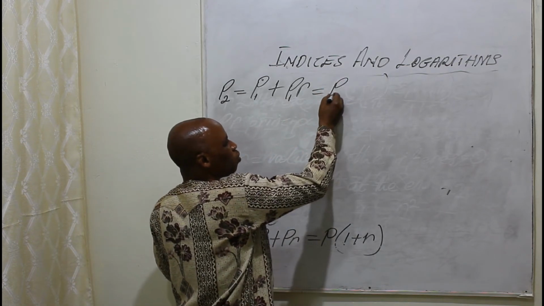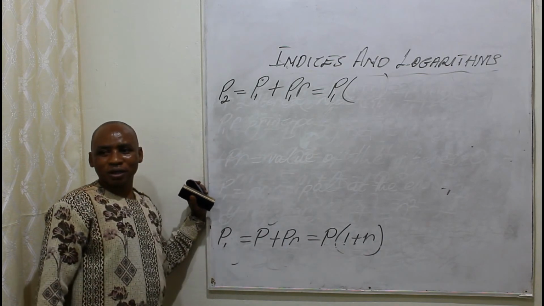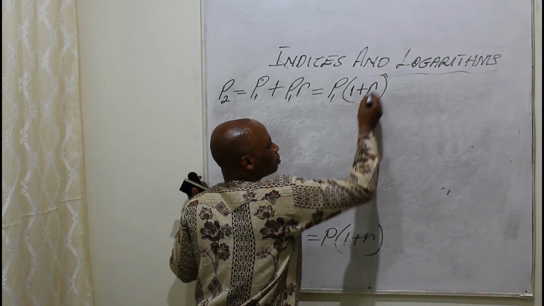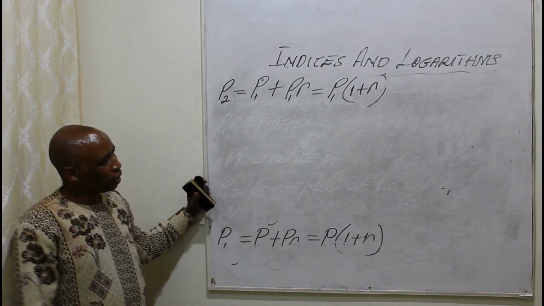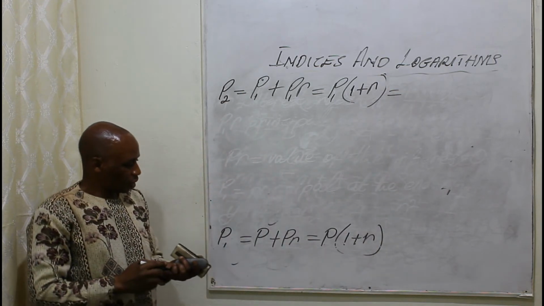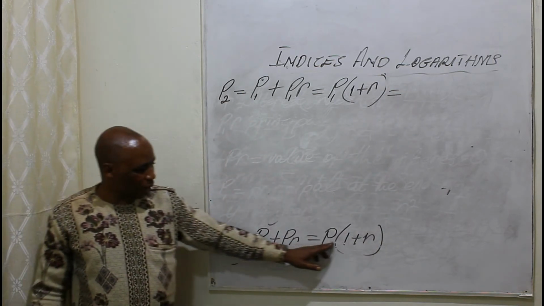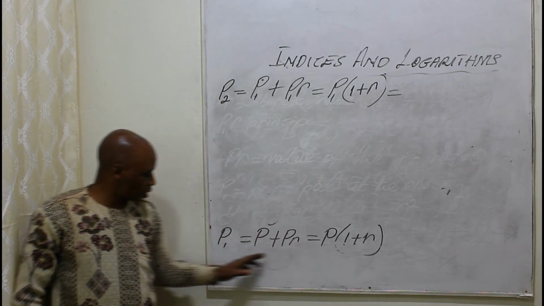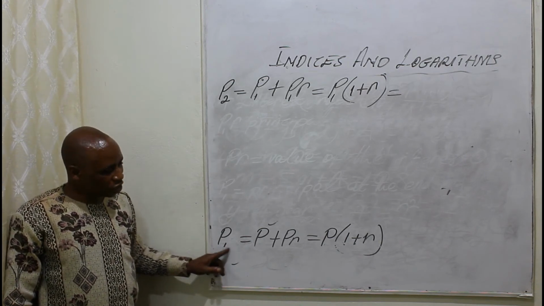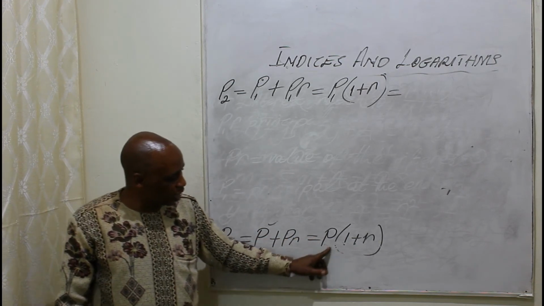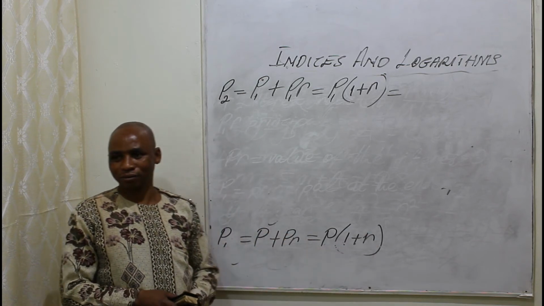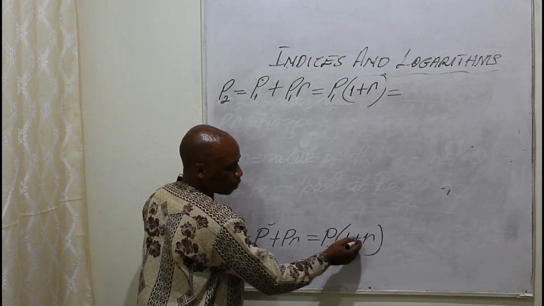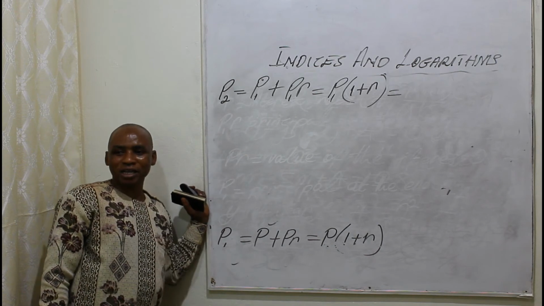So we factorize out P1, then we will end up getting P1 times 1 plus R. But the principal at the end of the first year is the P1, and it is also expressed as P times 1 plus R. So in effect, we substitute P times 1 plus R into the second year's investment.